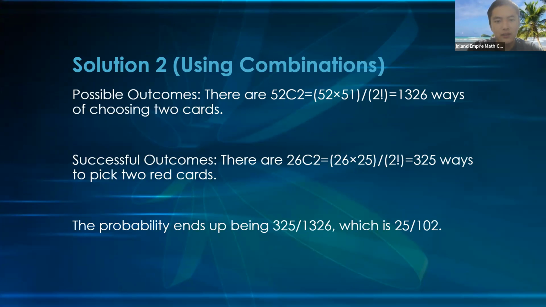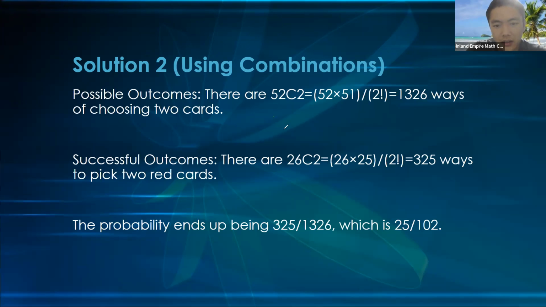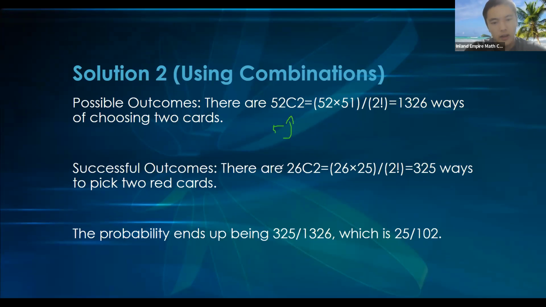Combinations, which we learned a while ago, but as a brief reminder, combinations are written in this notation, 52C2, like this one right here. What this is basically saying is the number of ways to choose 2 objects from 52 objects.